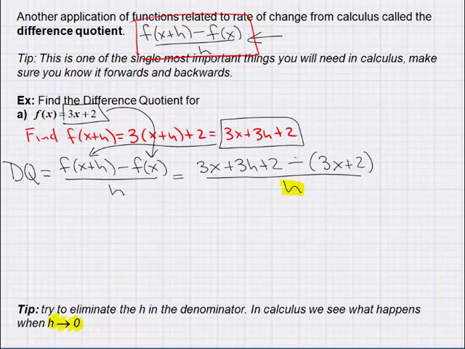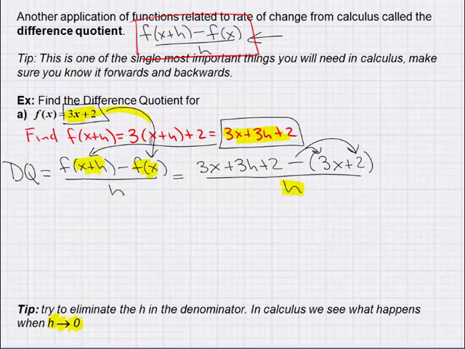Well, in order to do this, we got to simplify. So what we have to do is distribute this negative through. This is key. I see students make a mistake here all the time. F of x is being subtracted. All of f of x is being subtracted. So this negative has to distribute through all of f of x. Here was my f of x. Remember, I plugged f of x plus h in here.